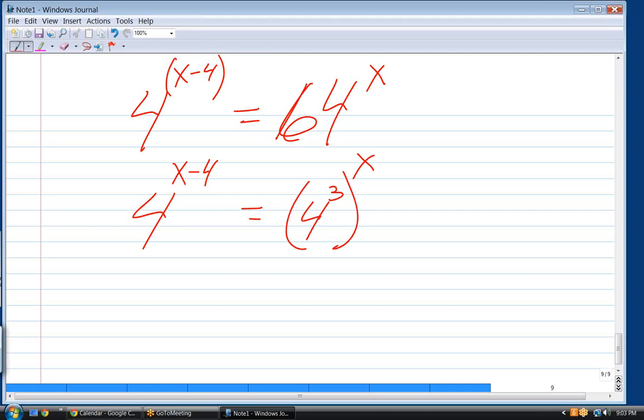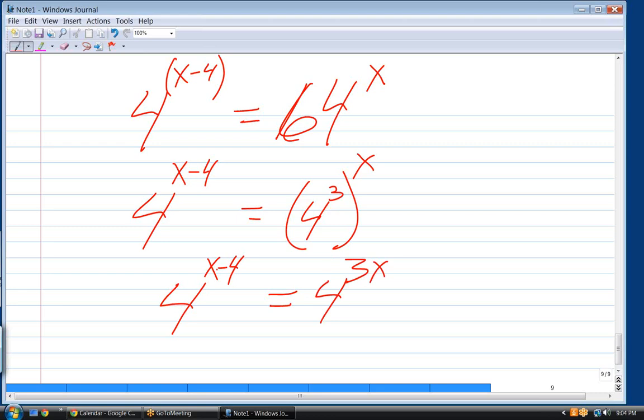Now I can apply my rules of exponents. If 4 to the x minus 4 is on the left, what does this on the right become? 4 to the third of x? No. 4 to the 3x. In other words, when you're doing double exponentiation, you multiply the exponents. Now I got the same base, 4.